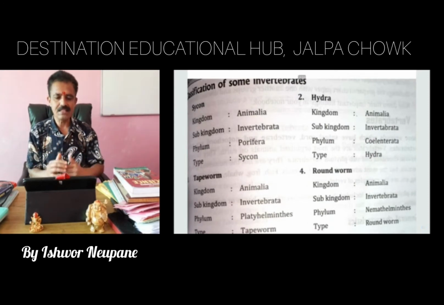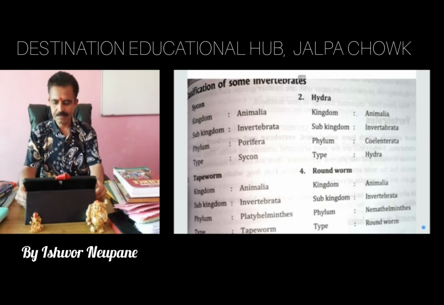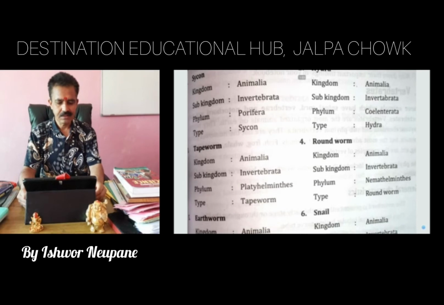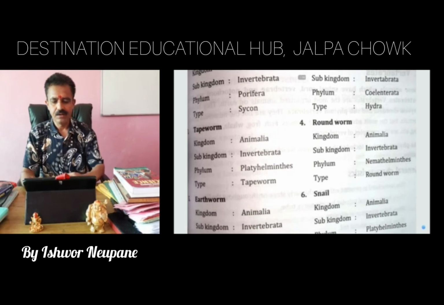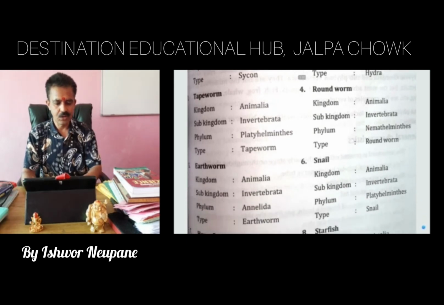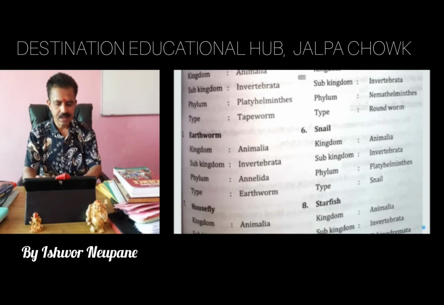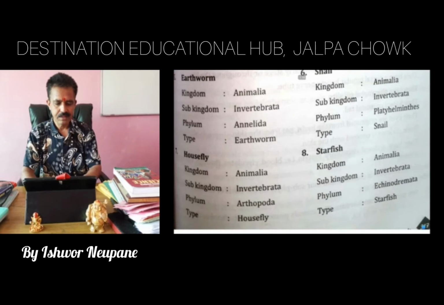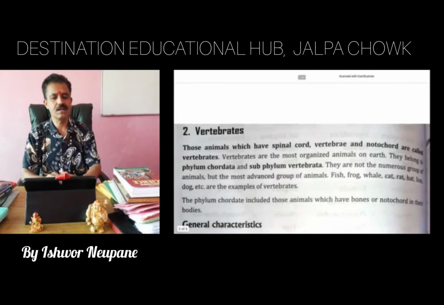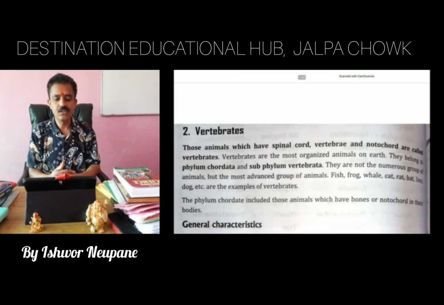So our class is based on these things. Number one, classification of some invertebrates like cycon, hydra, tapeworm, roundworm, earthworm, snail, then housefly, starfish, and then we will be discussing the next group of animals, vertebrates.